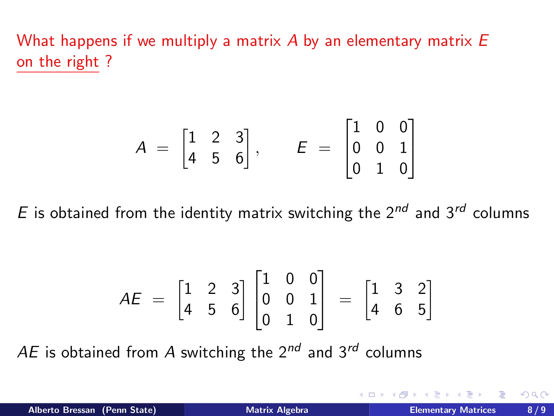So A times E is obtained from A by switching the second and the third column, which is exactly the same elementary operation we performed to obtain the matrix E. So we see that this is similar to the elementary matrix we have talked about, except that if you multiply on the right, then the action is performed on the columns instead of on the rows.